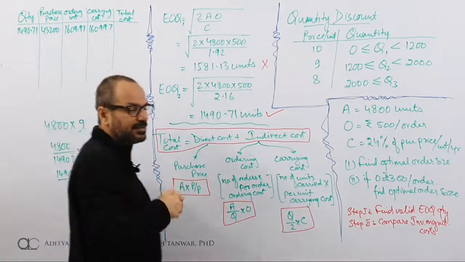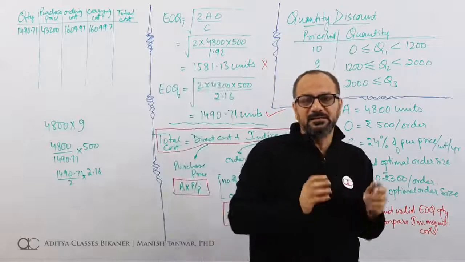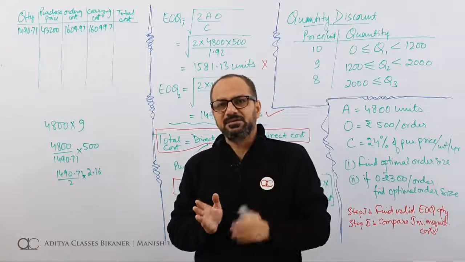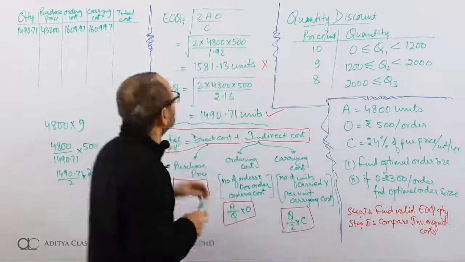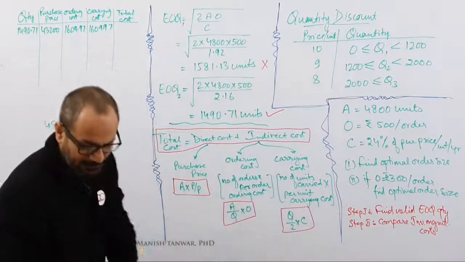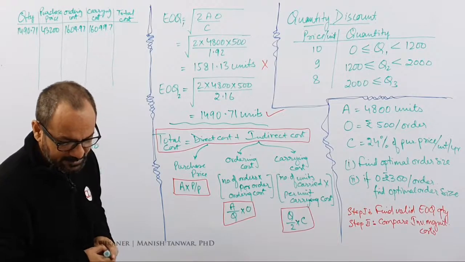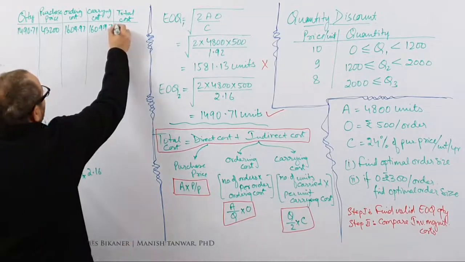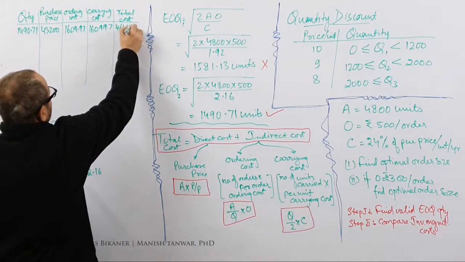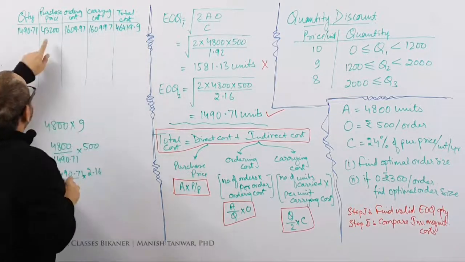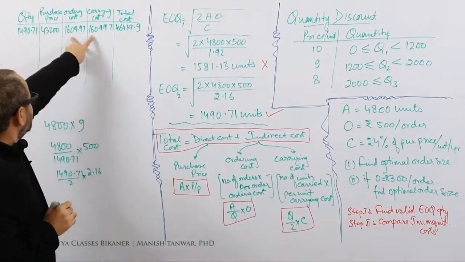This is the idea behind EOQ. EOQ is that quantity where ordering cost and carrying cost are equal to each other. We can see that they are equal. And if we try to find the total cost, it would be 46419.9. This is 43,000 plus roughly 3,000.